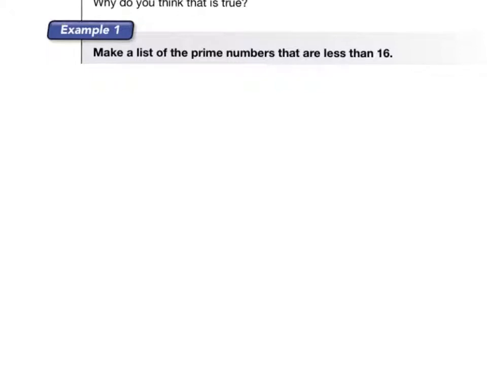So we already said that prime numbers start with 2 and 3 and 5 and 7. So we have those already. Those are less than 16. So now we need to think of the next numbers that are only divisible by 1 and itself. So we think of 8, no. So 8 is not prime. 9 is not prime. 10 is not prime. 11 is.